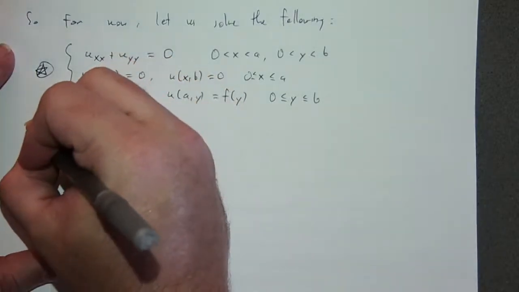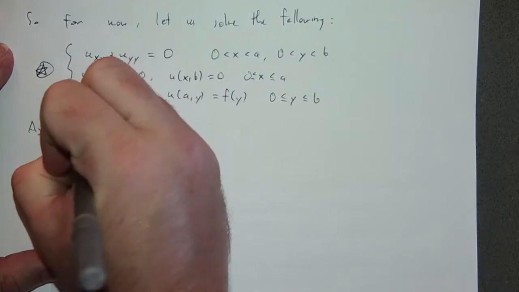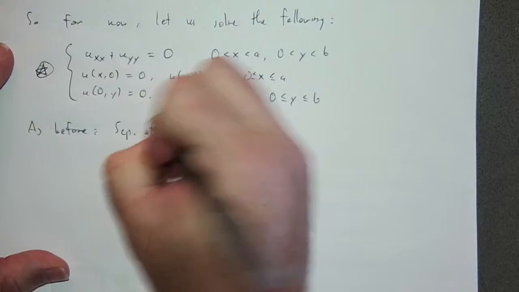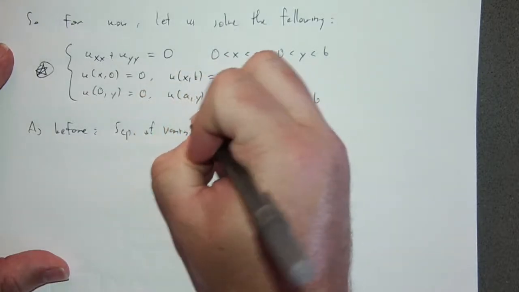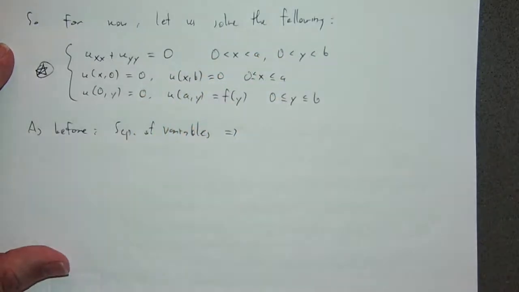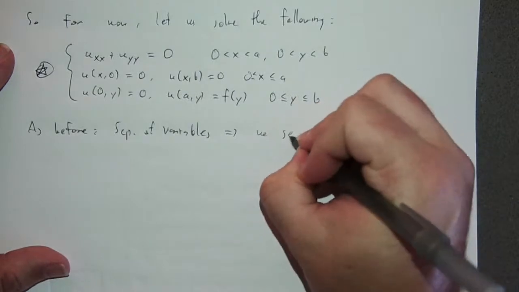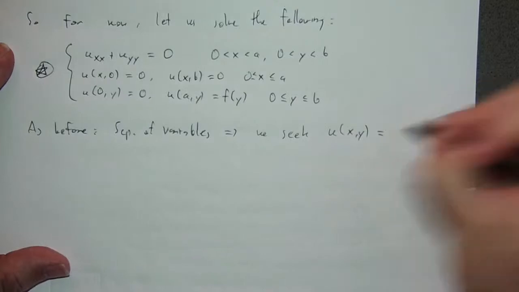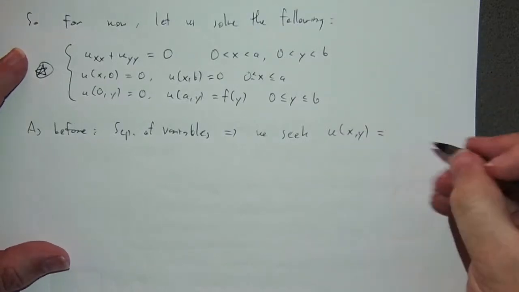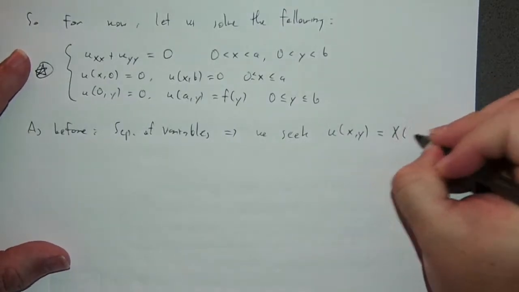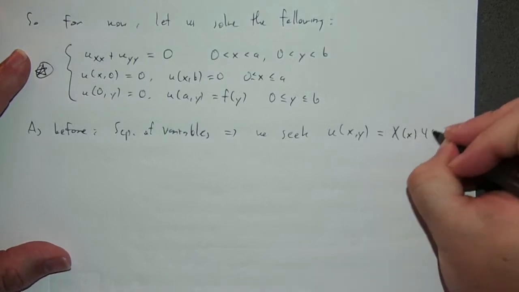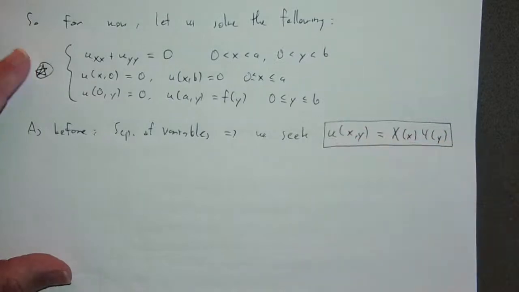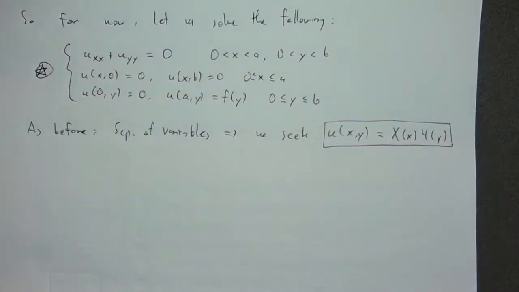So as before, now we have separation of variables. So we seek our solution u of x, y to be a product X of x, Y of y.